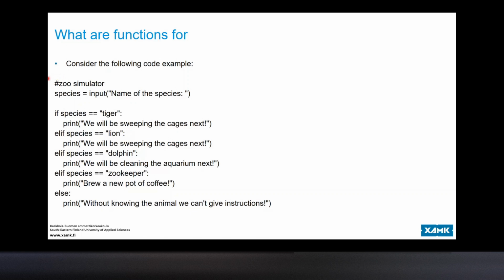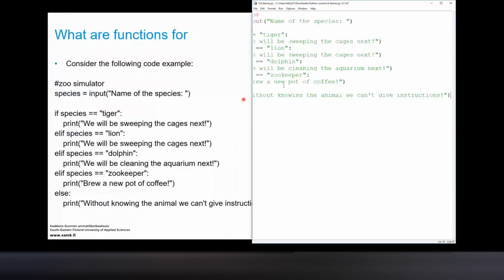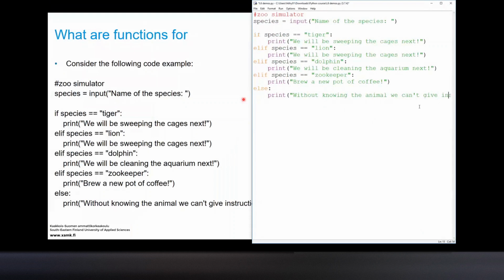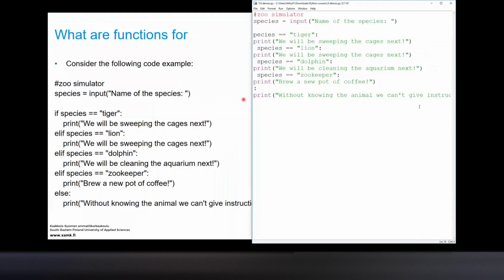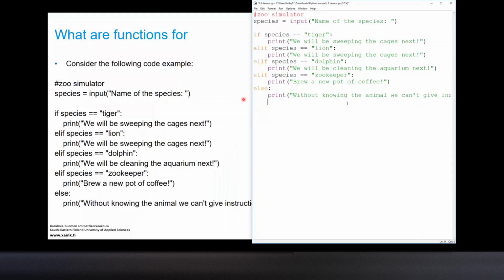If I just pull up this code in the editor, here we are. I'm just going to copy paste the example. Here you can see there's quite a lot, the lines are quite long, so it doesn't even show properly here. But anyway, this is how the program works, if I run it just once.